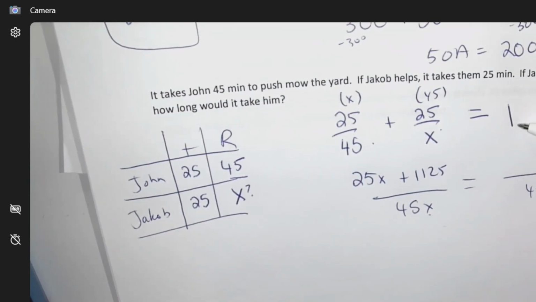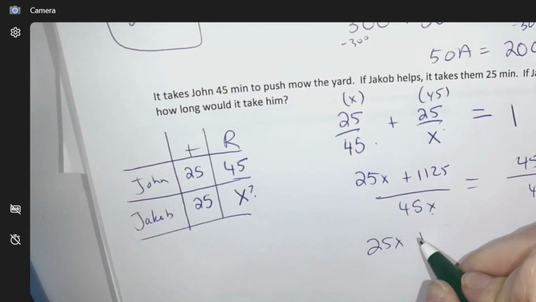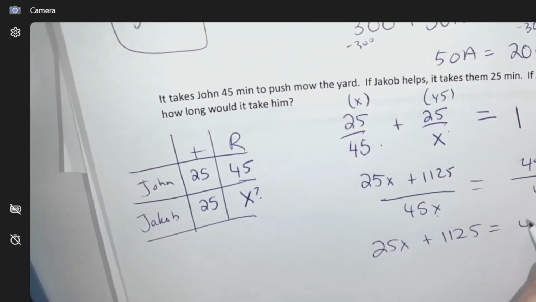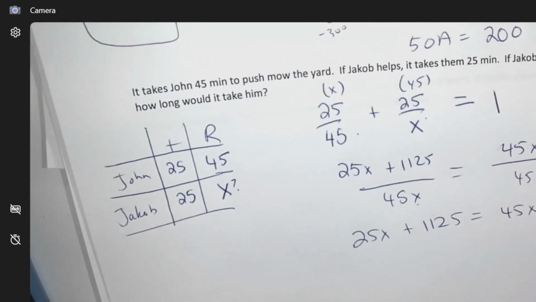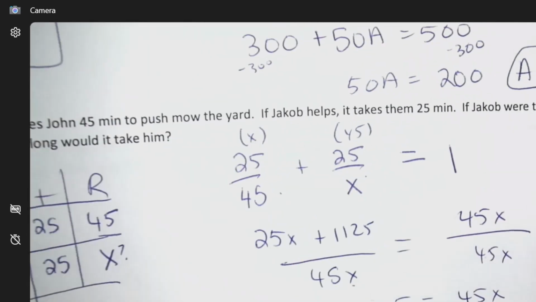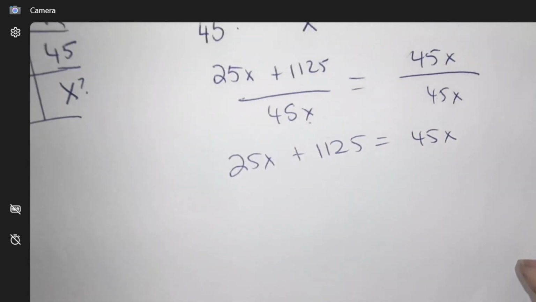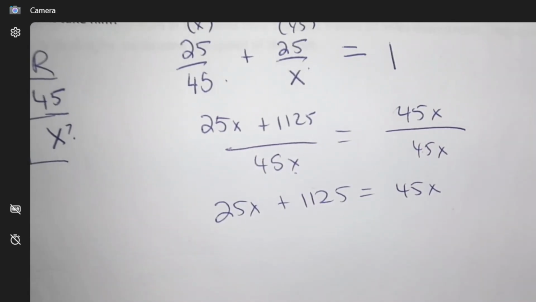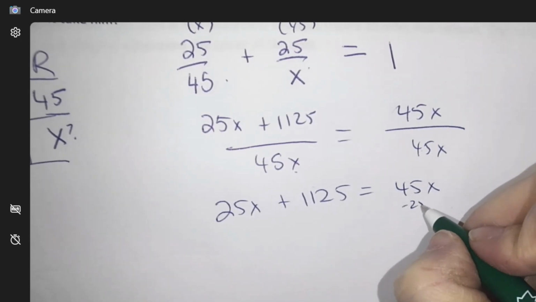And then the last fraction, it changed by everything. Okay, remember that math strategy you can use: if the bottoms are the same, the tops have got to be the same. So just the tops.